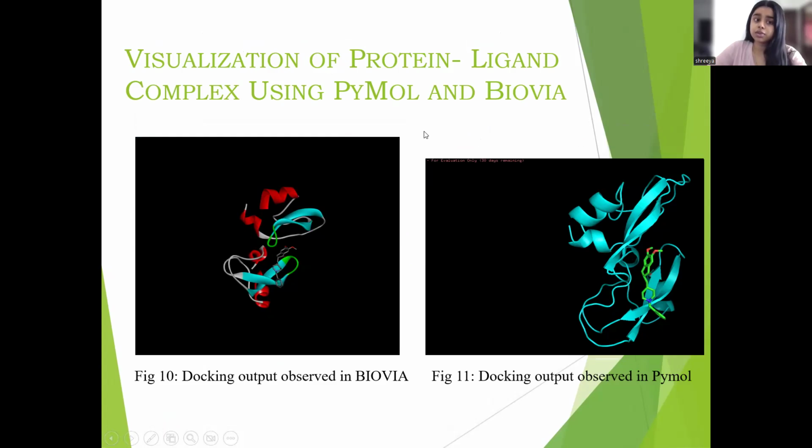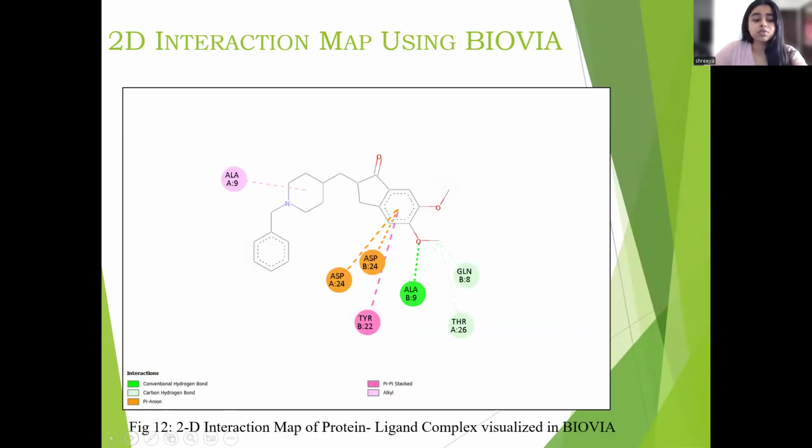Now, coming to the visualization, this is the output result in BioVia, and this one is in PyMol. As you can see, this is the protein, and this is the ligand, which is fitted right inside the protein pocket. This is the 2D interaction map.